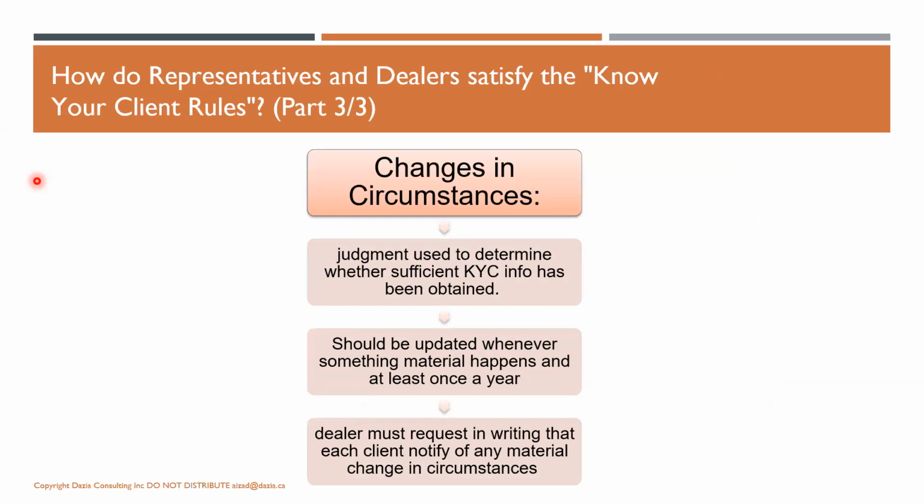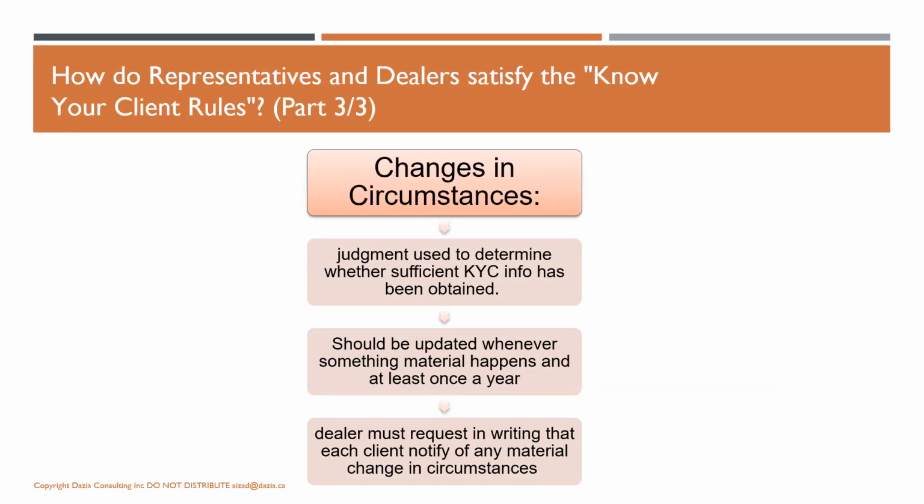And how do representatives satisfy this? So changes in circumstances. If there are any changes in circumstances, the client must be aware of that. Judgments used to determine whether KYC has been obtained should be updated at least once a year. Usually, when I was in the branches, I had like 500 clients. So you should contact them once a year at least.